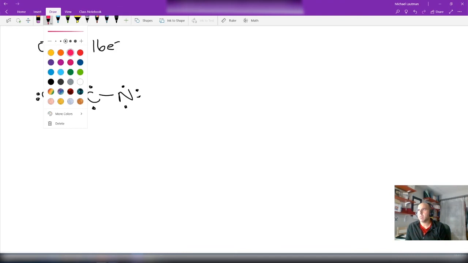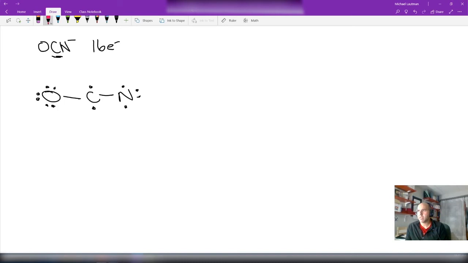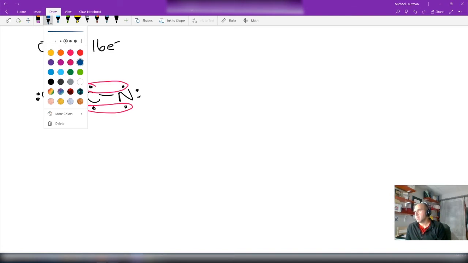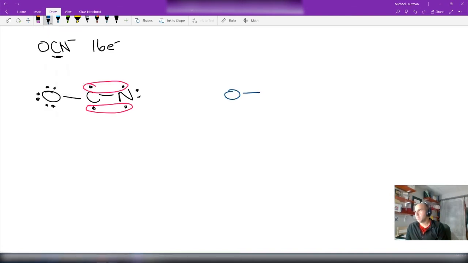And now I'm going to try and pair stuff up. So the carbon has 2 unpaired electrons. The nitrogen has 2 unpaired electrons. So here we go like this, and this gives me this.